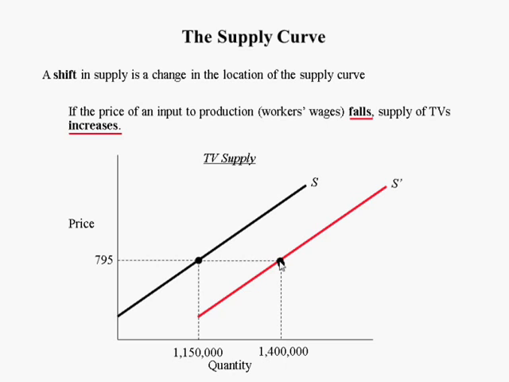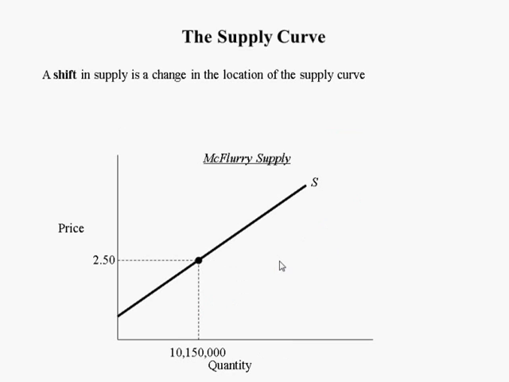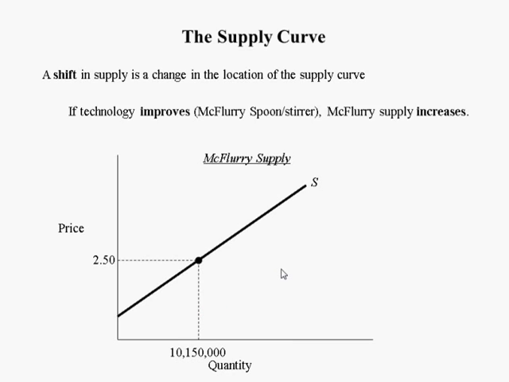What about McFlurry supply? Well, if technology improves, for example, if you compare how a McFlurry is produced versus how a Blizzard is produced. With a Blizzard, you have to use a metal sleeve to protect the cup from the metal blades of the stirrer.